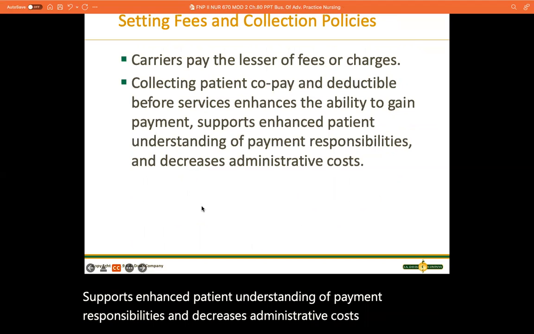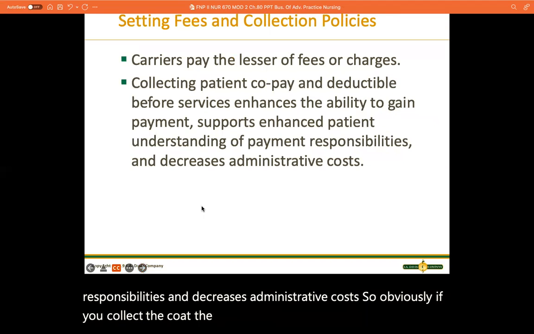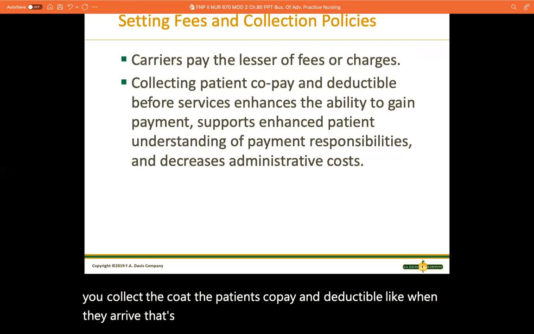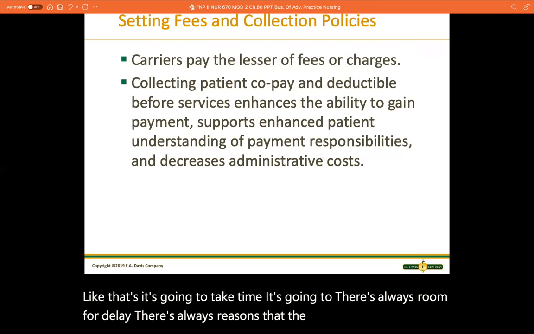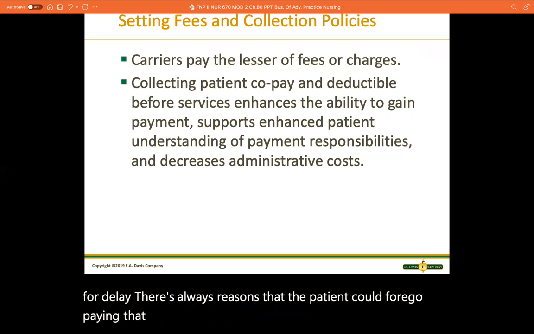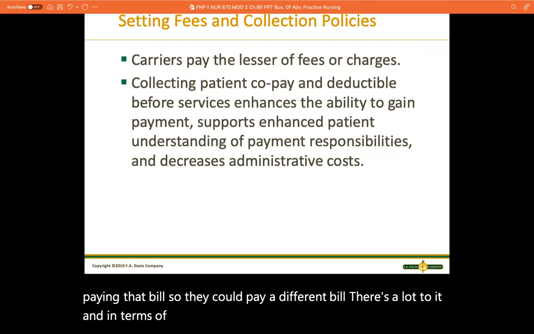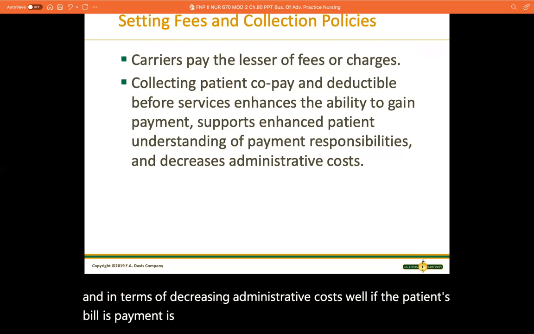So obviously, if you collect the patient's copay and deductible when they arrive, that's your best bet. If you're going to bill them afterwards, it's going to take time. There's always room for delay. There's always reasons that the patient could forego paying that bill so they could pay a different bill. There's a lot to it. And in terms of decreasing administrative costs, if the patient's payment is collected at the time of service, then guess what?